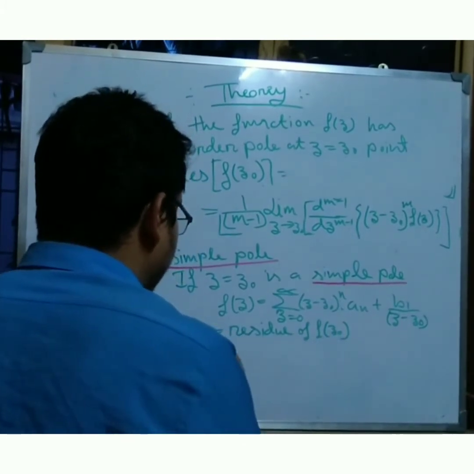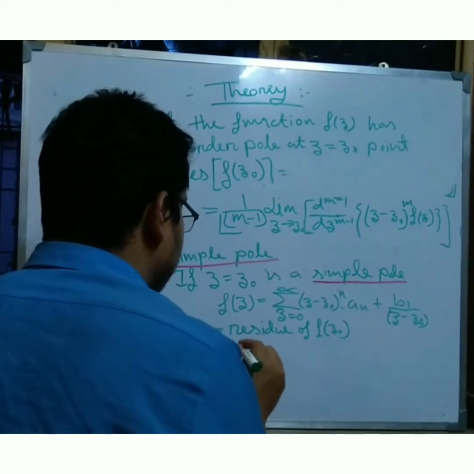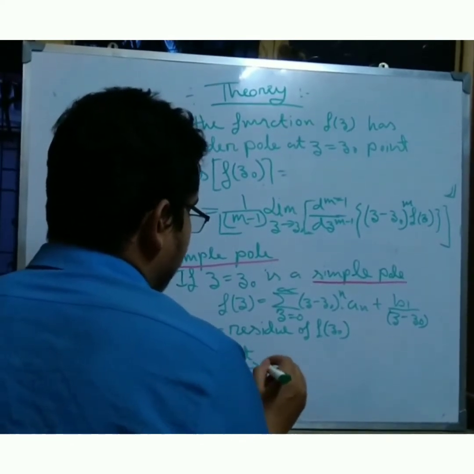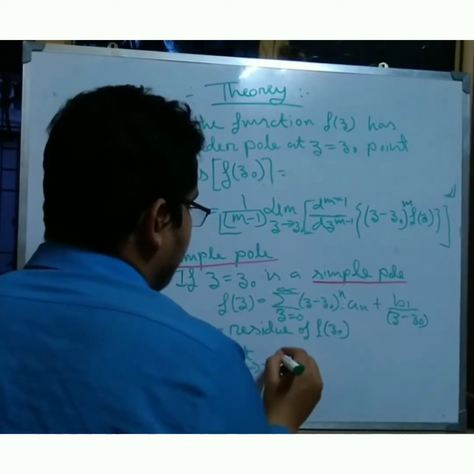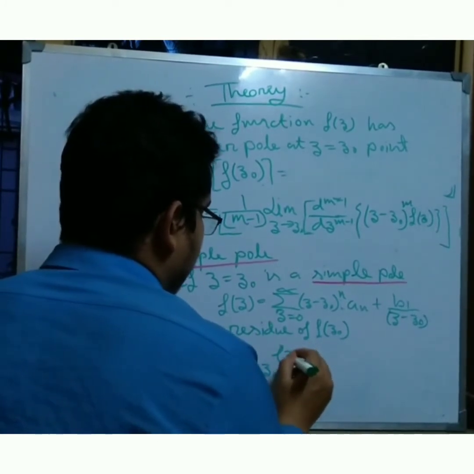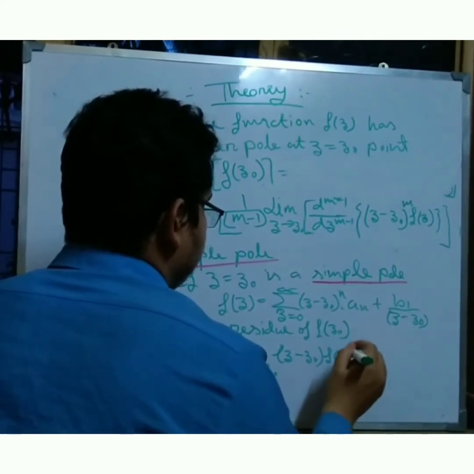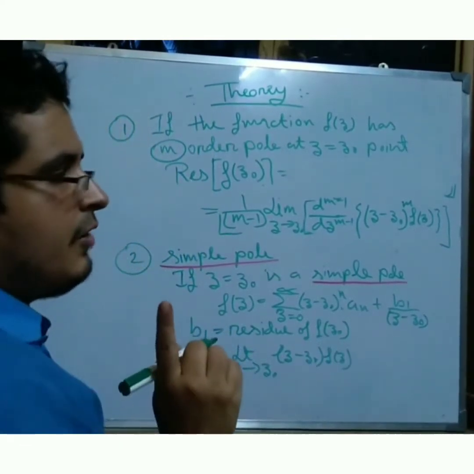And how can I get b1? b1 equals the limit z tends to z0 of (z minus z0) into f(z). This is the formula.